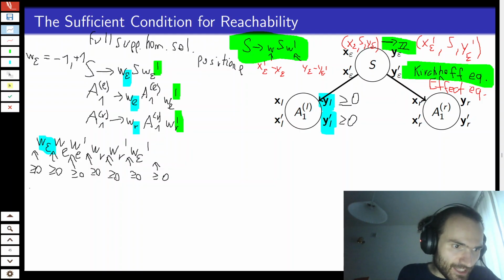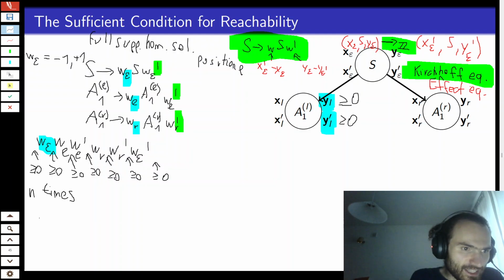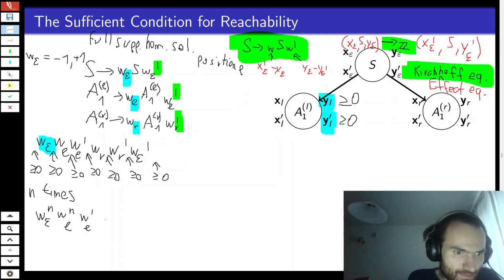Well, what happens if we use an ILP solution n times? Then we're going to have the word W epsilon to the n, WL to the n, WL prime to the n, WR to the n, WR prime to the n, and W epsilon prime to the n.